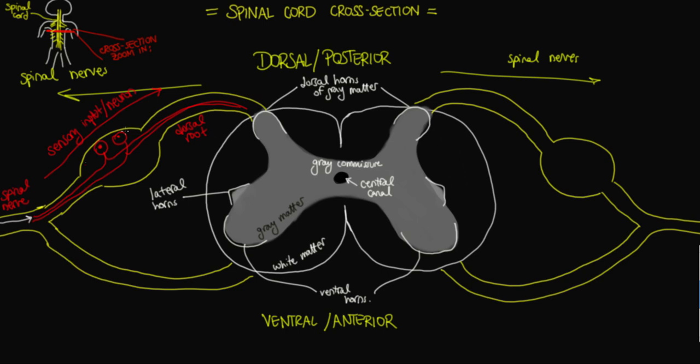In addition, you'll also see a swelling right here, and this is what contains the sensory neuron ganglia, or a collection of cell bodies. So this swelling right here is what we call the dorsal root ganglia.